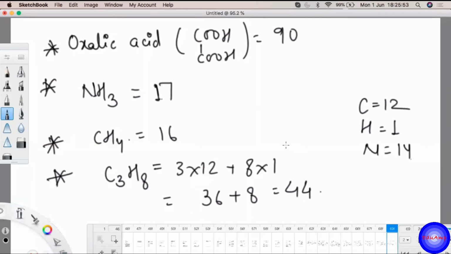Now nobody told me which type of mass you are telling me. You are telling me gram molecular mass, absolute molecular mass, or relative molecular mass. So I want everyone to tell me gram molecular mass of all these four. What will be the gram molecular mass of oxalic acid? Ma'am, 6.022 into 10 to the power 23.